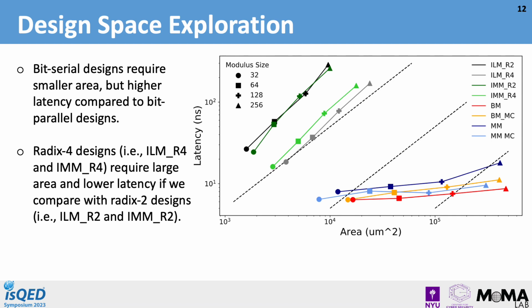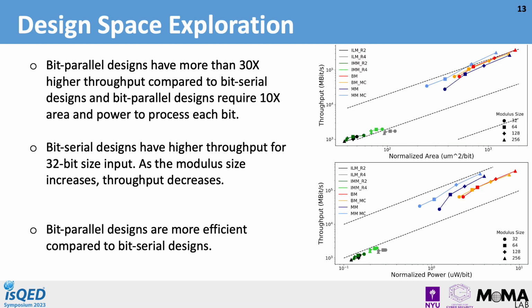Third, bit parallel area triples when modulus size doubles, while bit serial area increases 1.5 times when the modulus size doubles. Here, the modulus size 3264 have so much different design requirement that we cannot compare area and latency. To compare designs of different modular size, we require different parameters.